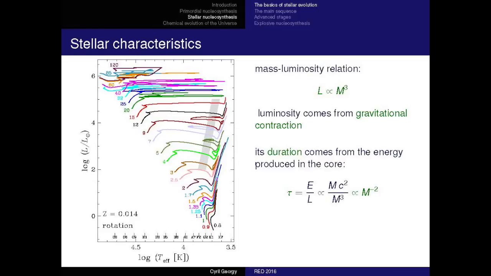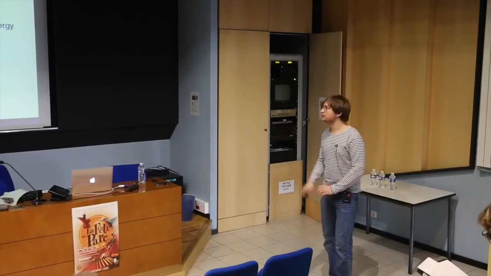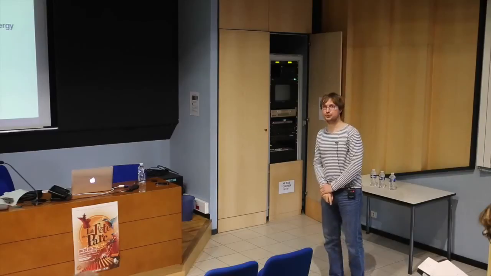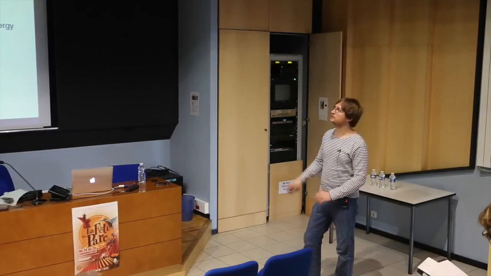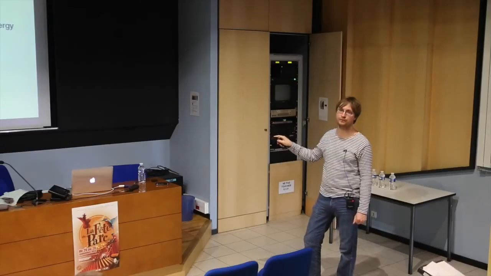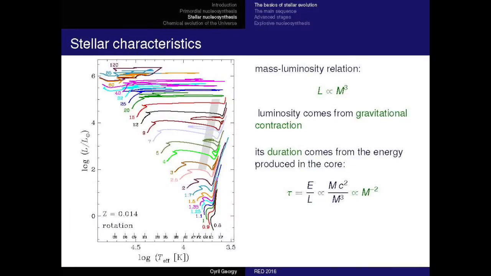So if you take the sun, for example, that has a very long lifetime of 10 billion years, and you go to a star that has 100 times the mass of the sun, you can see that the more massive star will have a lifetime that is much shorter than the sun. So for example, the very massive stars here live for a couple of million years.